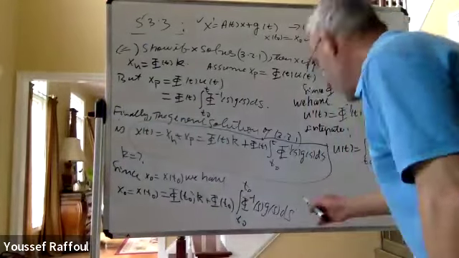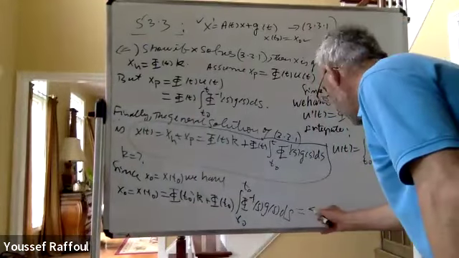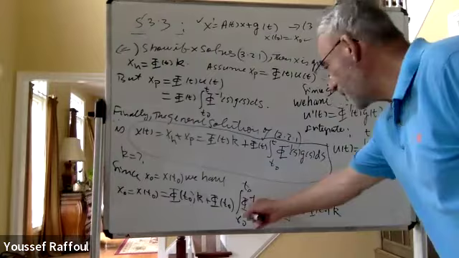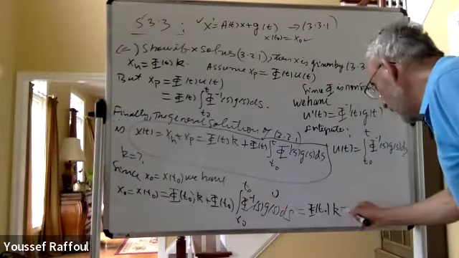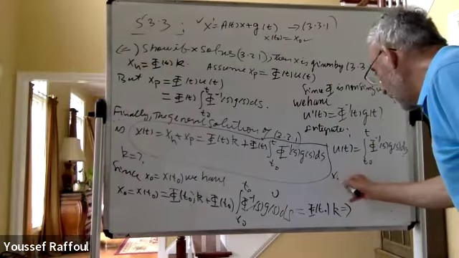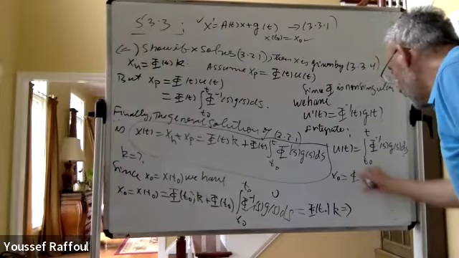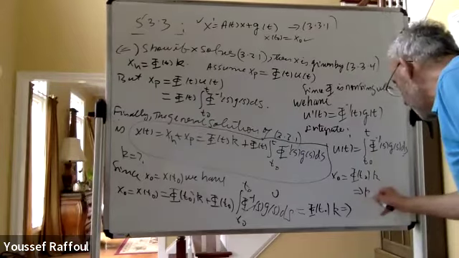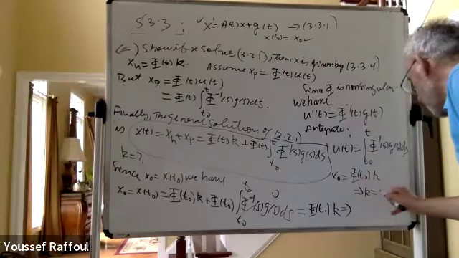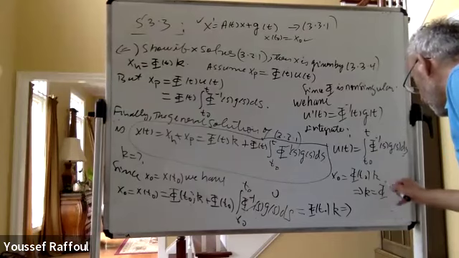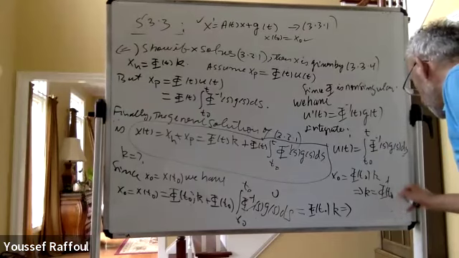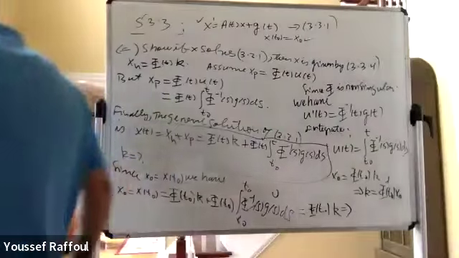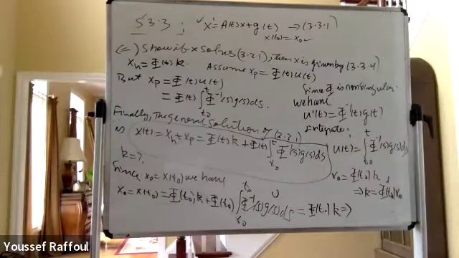So what does that mean? That is equal to phi of t_0 k, because this is 0. This implies x_0 equals phi(t_0) k, which means that k is phi inverse of t_0 x_0.